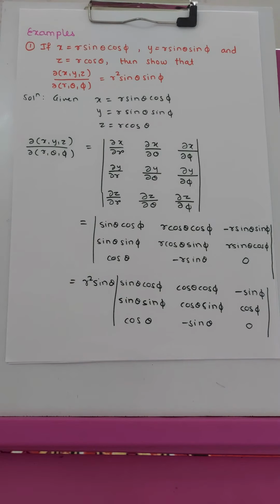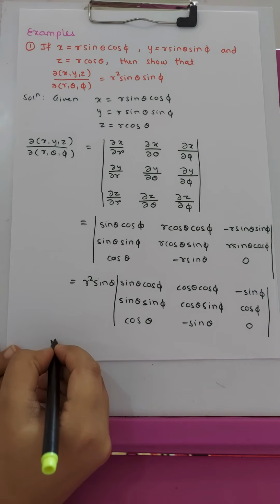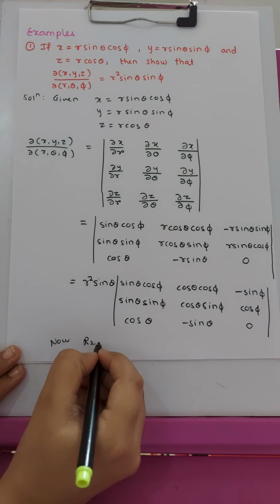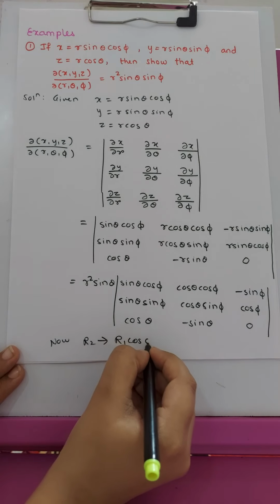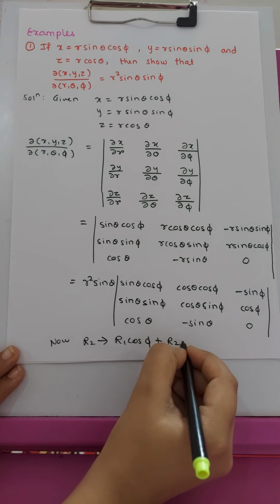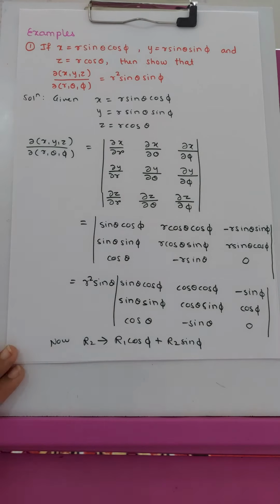Now we will perform one operation, that is, the second row R2 will be replaced by R1 cos phi plus R2 sin phi.